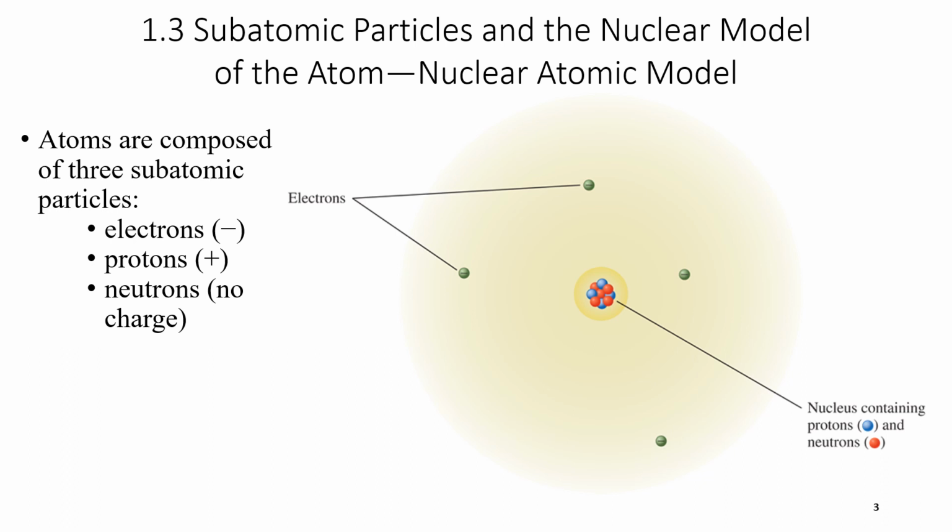That means that the number of electrons has to equal the number of protons. Therefore, if we know what the type of element is, we know the symbol, we know the element's name, we know the Z number, which is the number of protons, we can also figure out what the number of electrons is because they're equal.